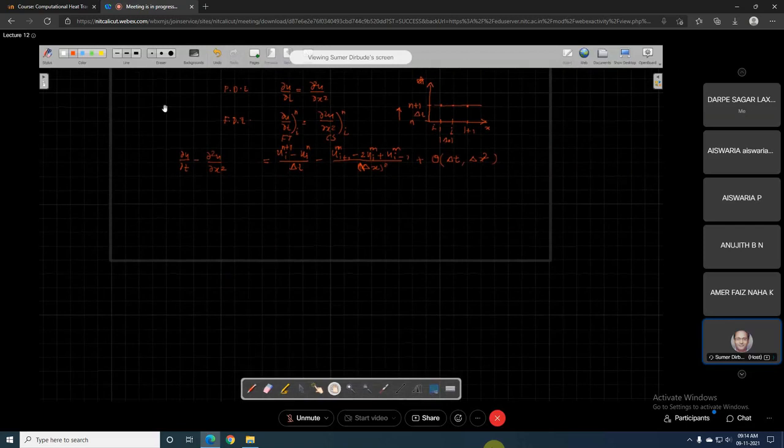This left hand side is the PDE, and this is a finite difference expression. So if delta t tends to 0 and delta x tends to 0, then the truncation error goes to 0.